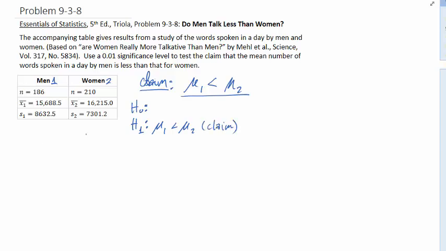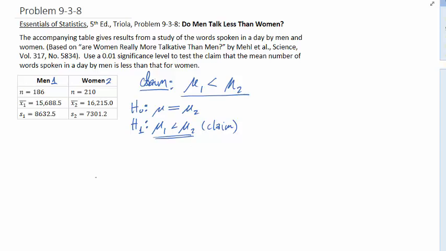Our null hypothesis would then use an equal to or a greater than or equal to symbol. It doesn't really matter; in real life they would rather see the equal sign, but it's up to you. The important part is that the alternative hypothesis doesn't contain a condition of equality, and in this problem, the alternative hypothesis is the claim.